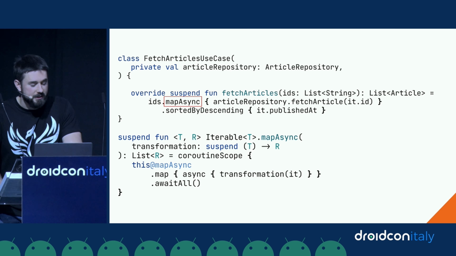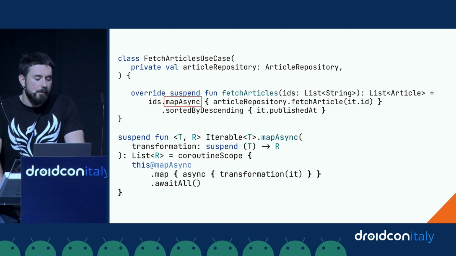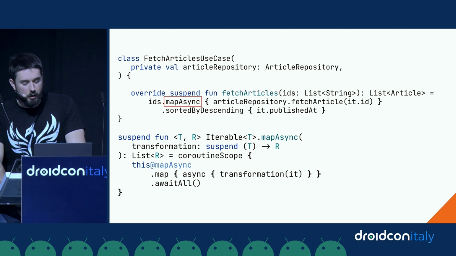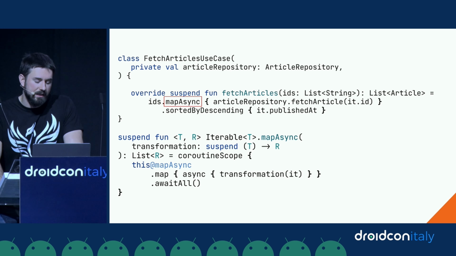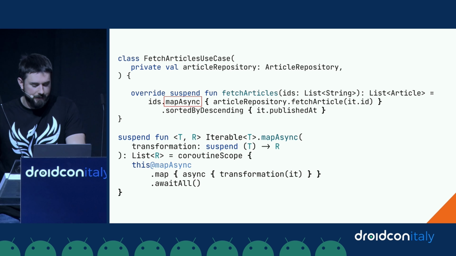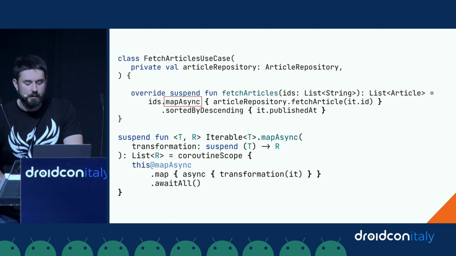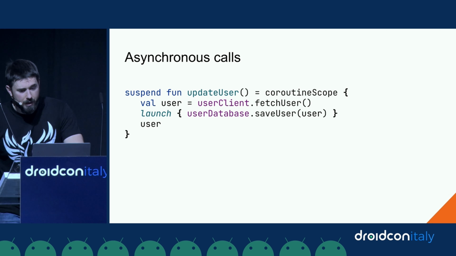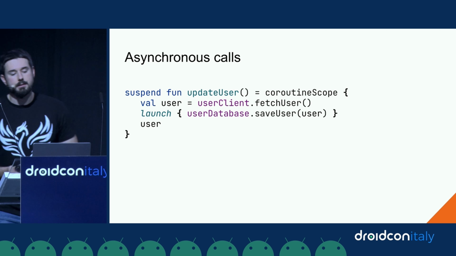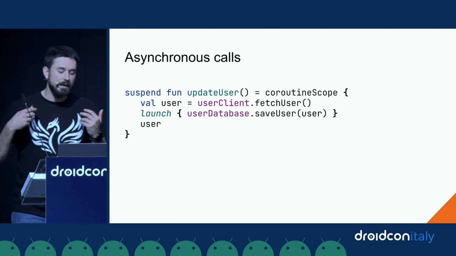You can use a semaphore to limit concurrency, but essentially that's the most basic form. This form is much simpler. It's a suspending function that is first starting an asynchronous process for each element, and then awaiting their completion using awaitAll.